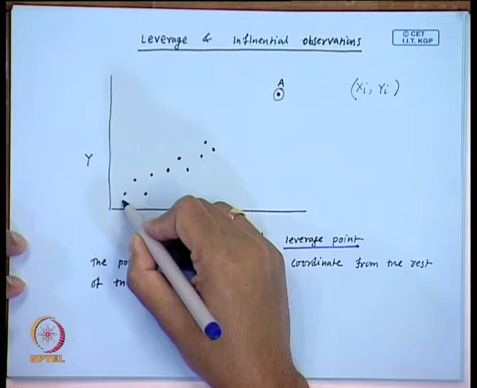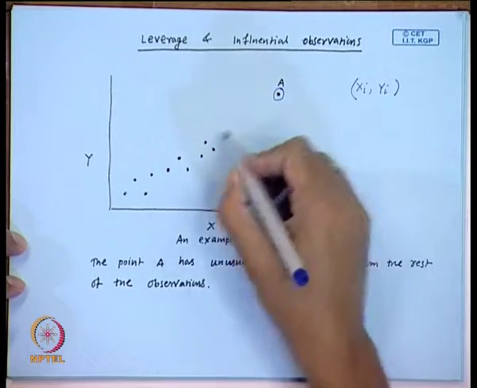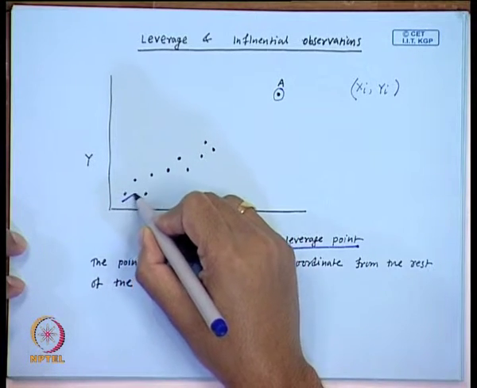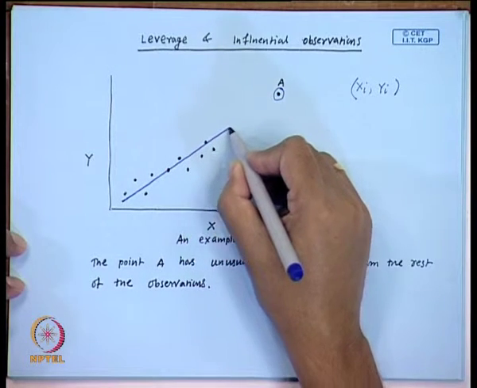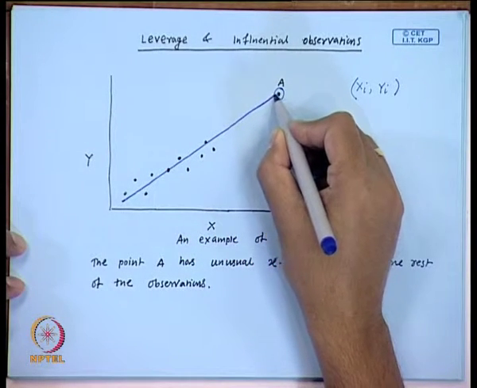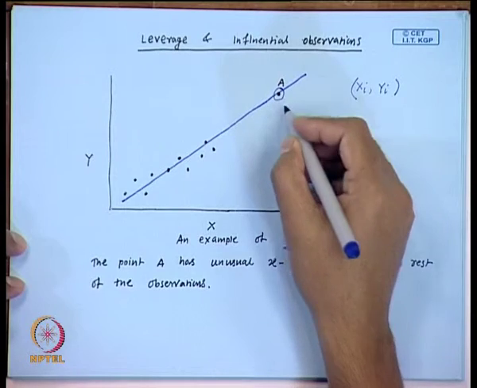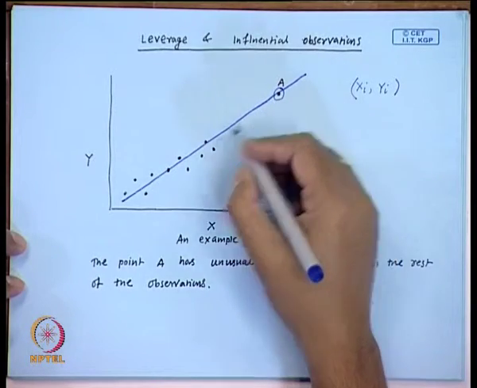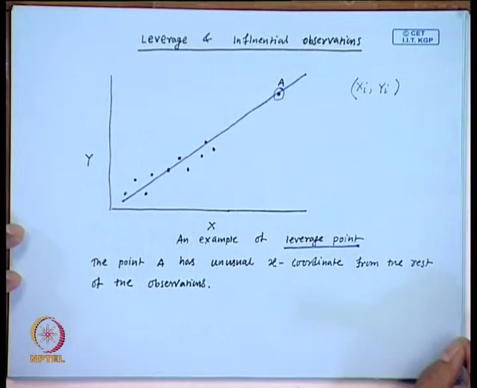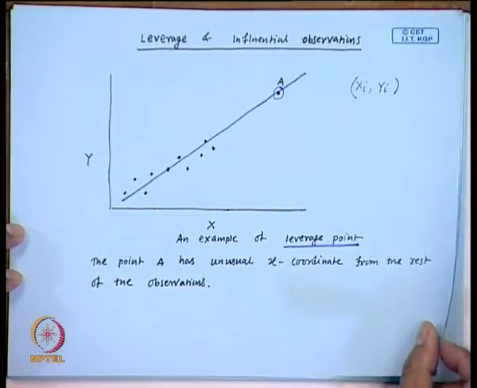So, if you fit the given data here, the fitted model will be something like this. Okay, so this one lies on the fitted line.